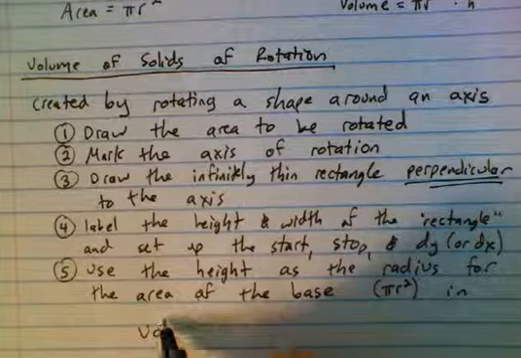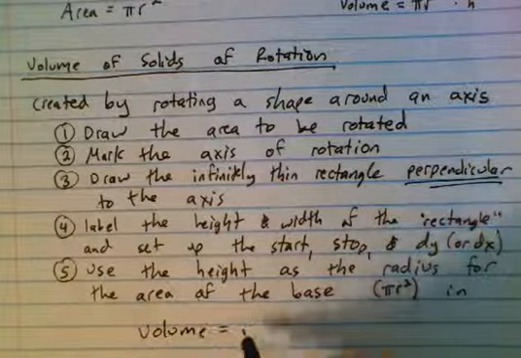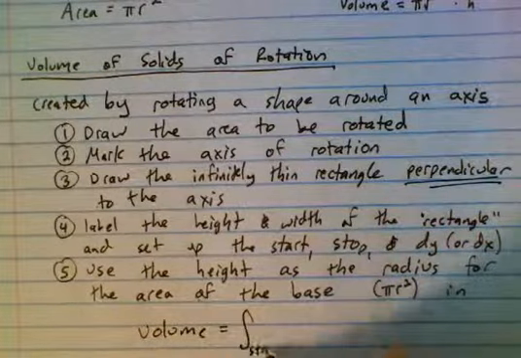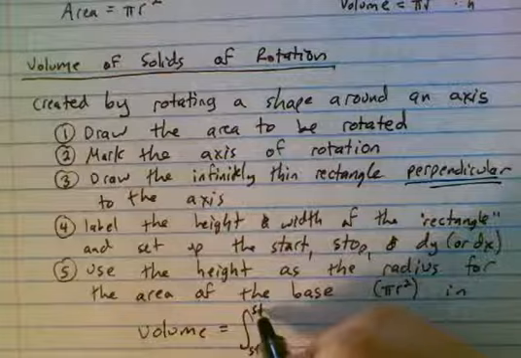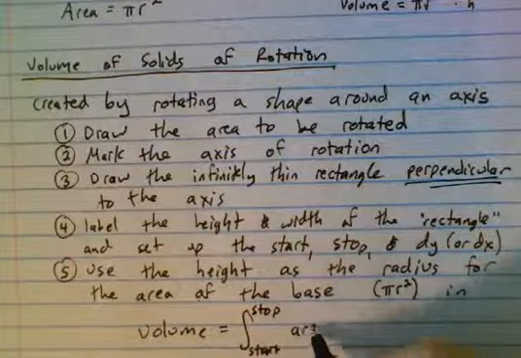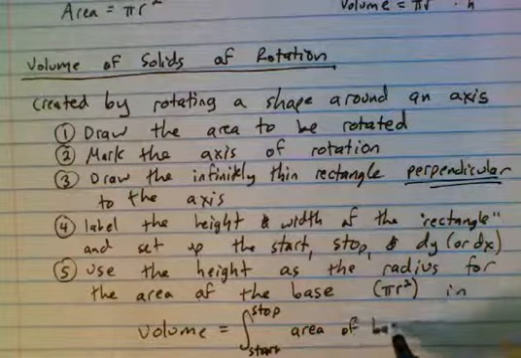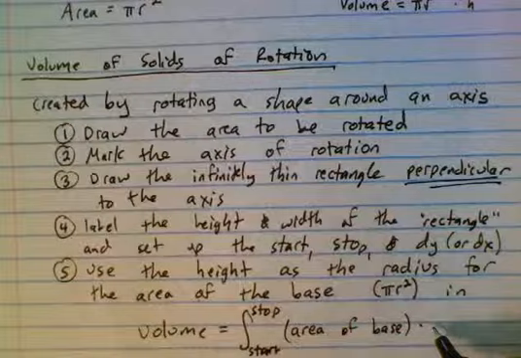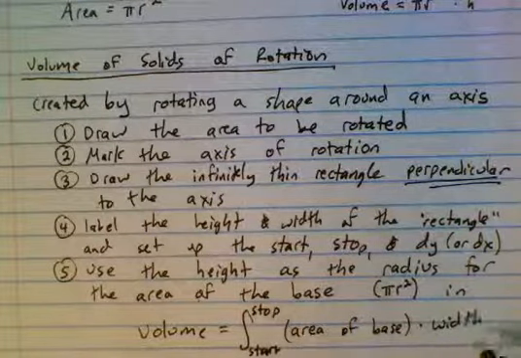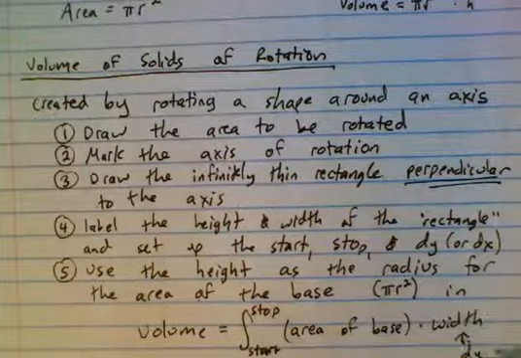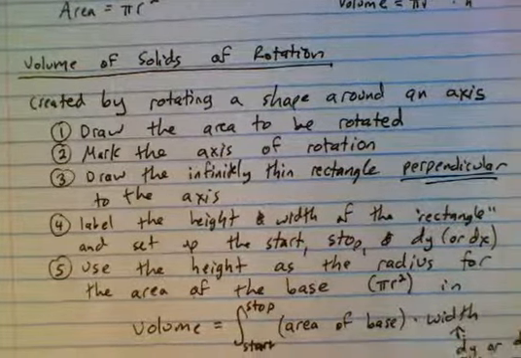In the equation, volume is the integral from whatever the starting value is to the stopping value, area of base times width. Again, this width is still dy or dx.